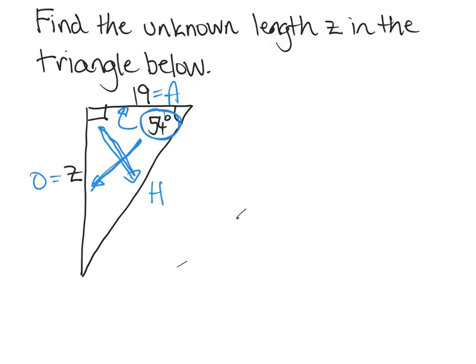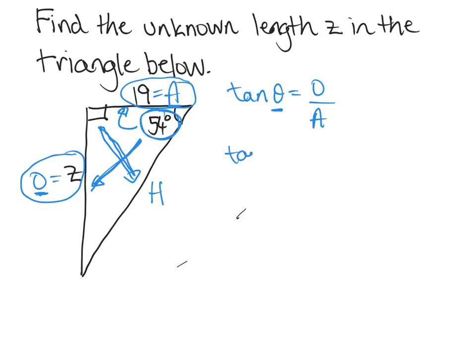We want to know the length of the opposite side, and we know the length of the adjacent side. What trigonometric formula involves the opposite side and the adjacent side? Only one. Tan of theta is equal to the opposite side divided by the adjacent. So in place of the reference angle goes 54, in place of the opposite side goes z, and in place of the adjacent is 19.